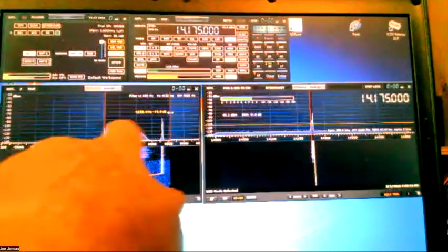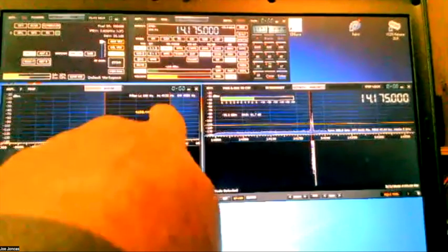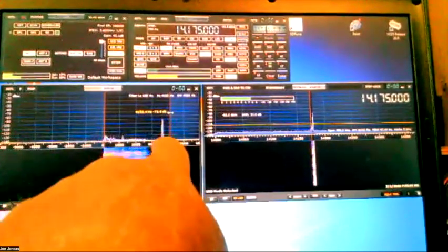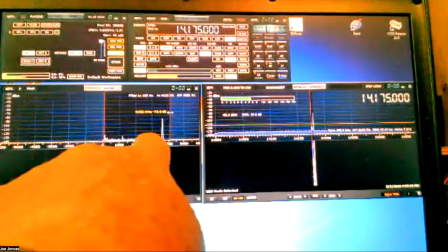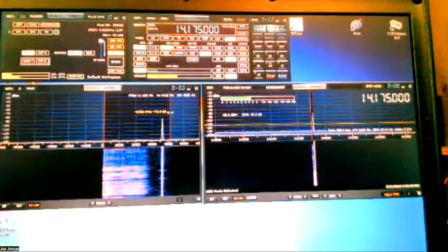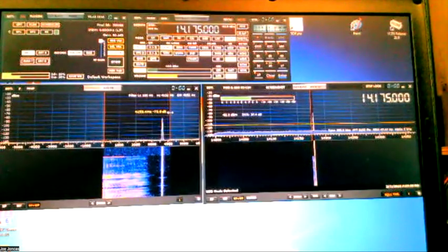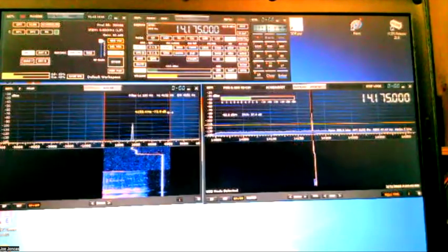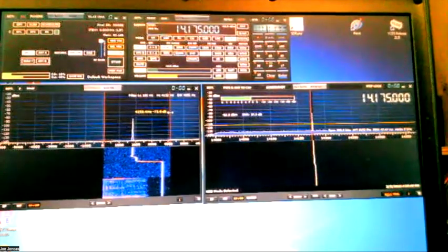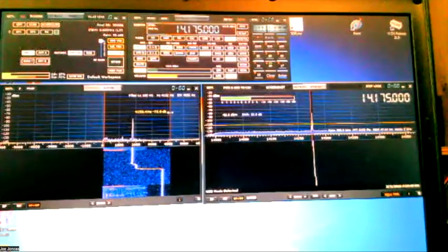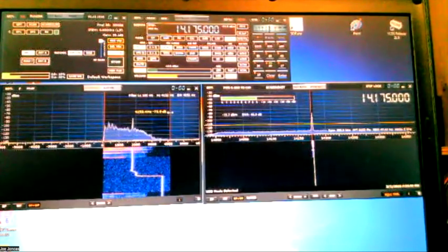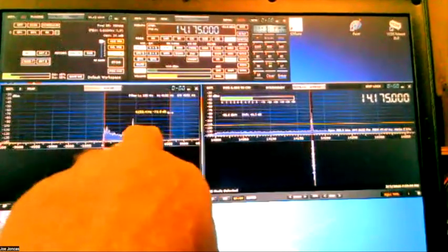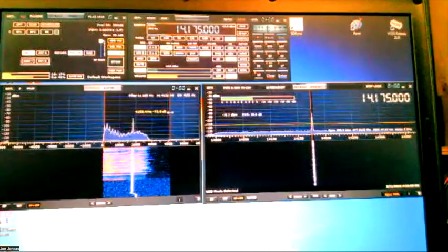Notice all the signals here, and if this is the upper side of the band, he's well within that band. Okay, so if we move the band to here, now speak. 5, 4, 3, 2, 1. Now notice his signal is here, and it's also going outside of the band.